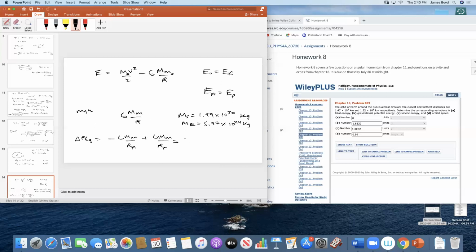But we want this change. So this is really G, M of the sun, M of the earth, times 1 over RP minus 1 over RA.